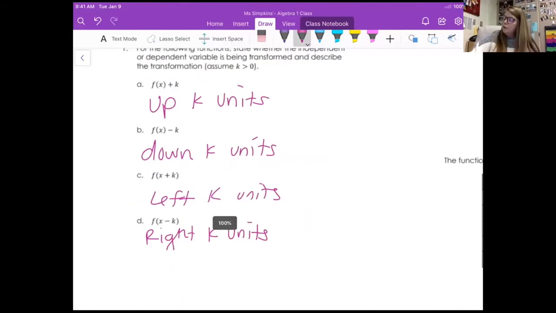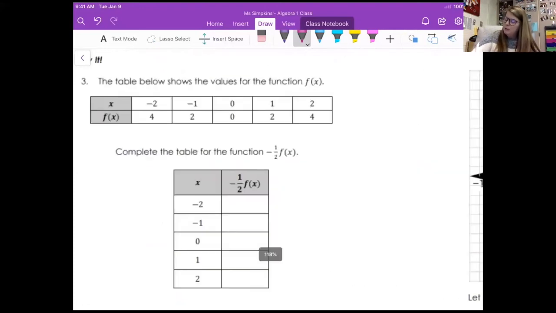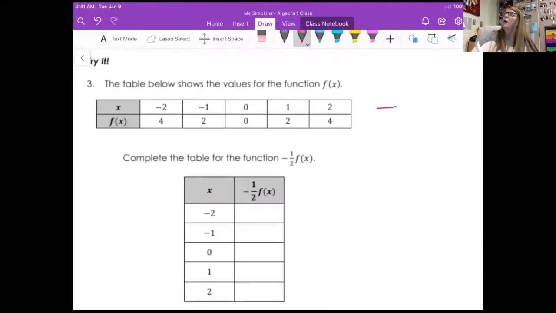All right, so for this first table, we have our parent, which is up here, and we're transforming it. We are transforming it by this. What operation is that? Multiply. We're multiplying by -1/2. Are we multiplying outside or multiplying inside?